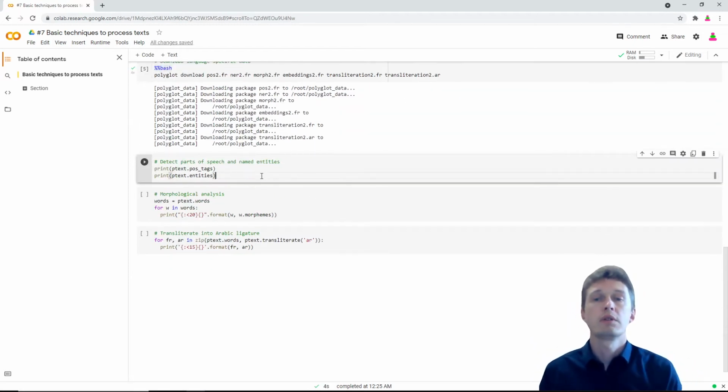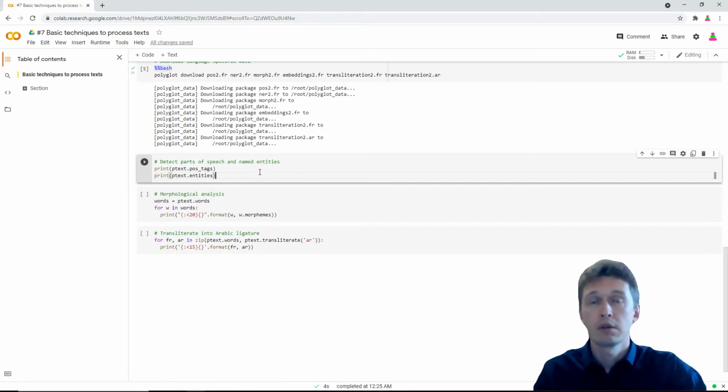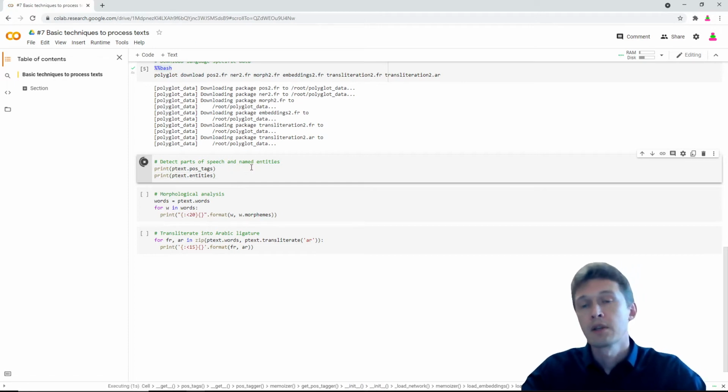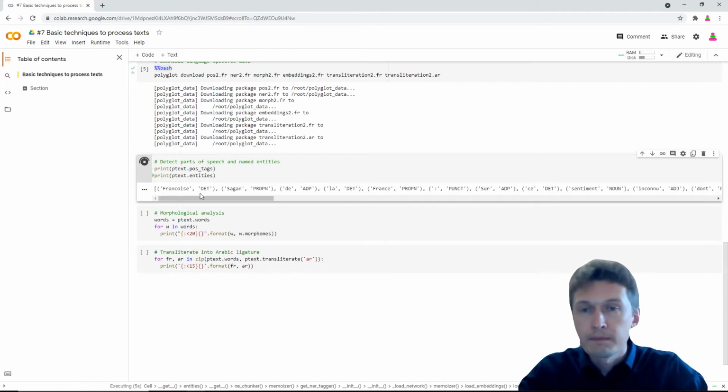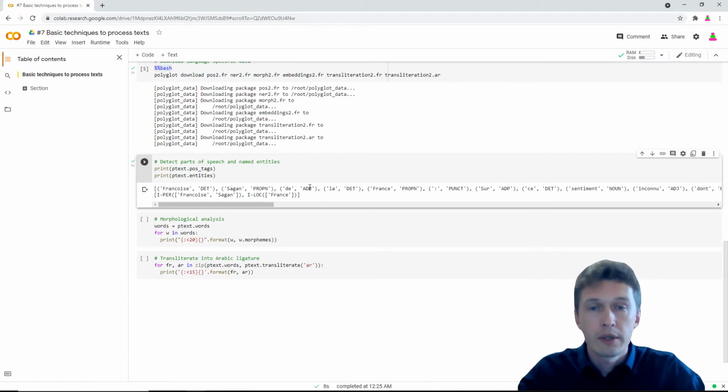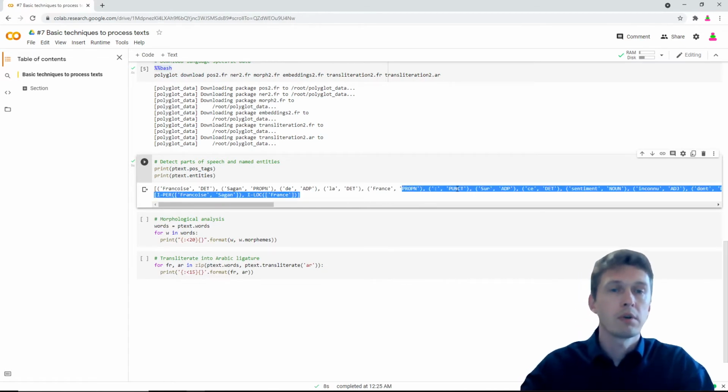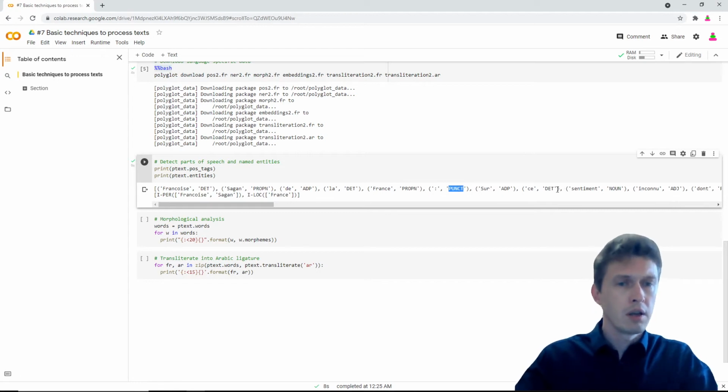Now we want to detect parts of speech for each word, and also distinguish between named entities and nominal nouns. Let's run. So for each word we will have a tag. This one is determiner, this one is adposition, this one is proper noun, this one is punctuation symbol, and a noun and an adjective.